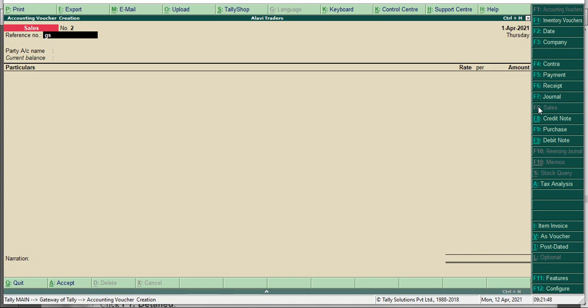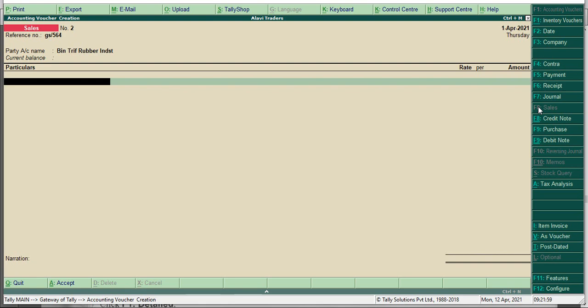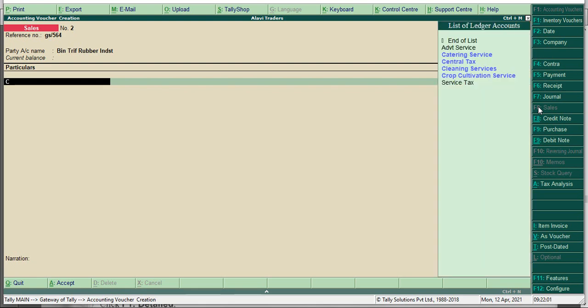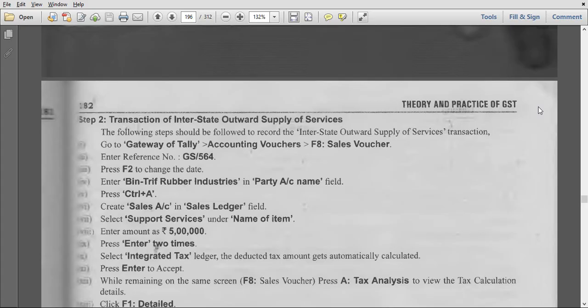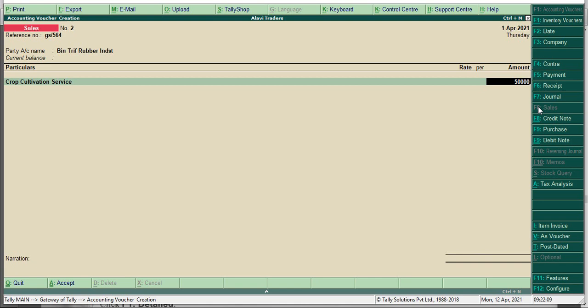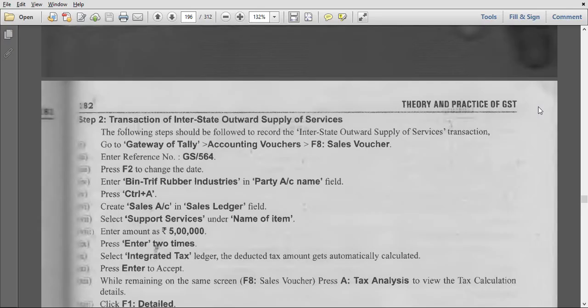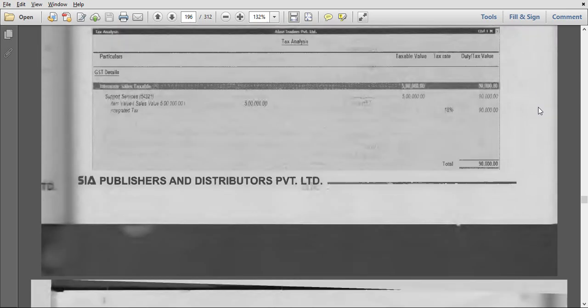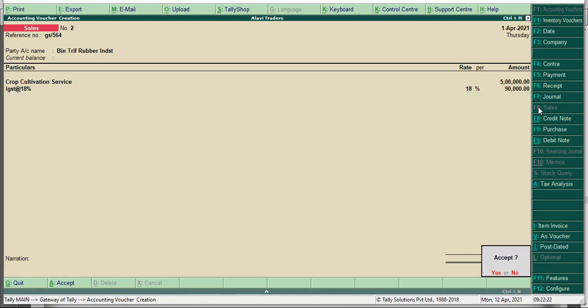Party name Bintriff Traders, and here crop cultivation services, 5 lakhs. Next, integrated tax is 18%, that is 90,000. So that is about outward supply. So we have seen inward supply as well as outward supply.